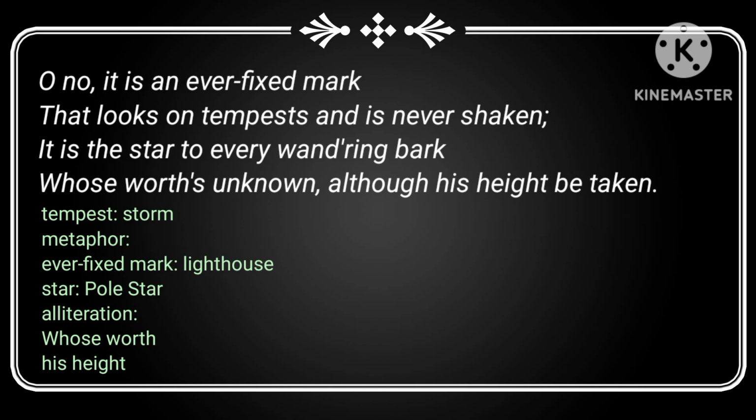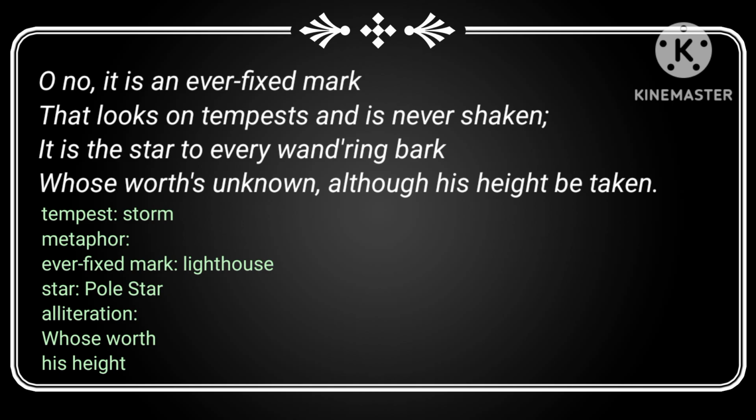So just like a lighthouse that is firm and steady, the speaker says that true love is also permanent. True love is not only permanent, but also acts like a guide, like a mentor that warns each other against hard times.